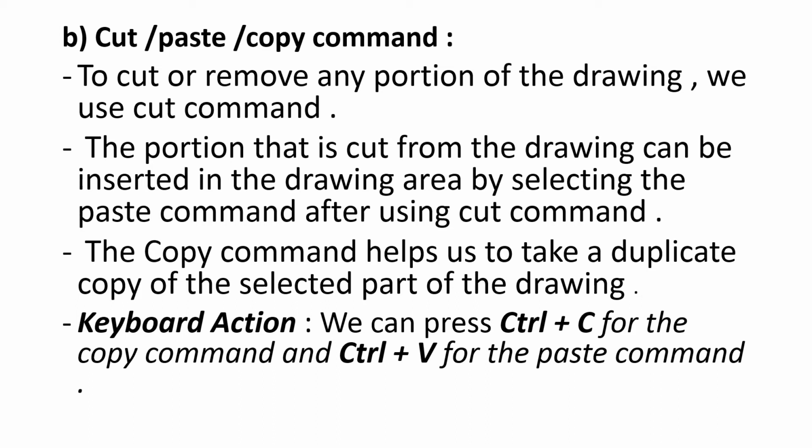The copy command helps us take a duplicate copy of the selected part of the drawing. Now we can perform these three actions, cut, copy, paste, using the keyboard also. There are some keyboard shortcuts that we need to remember. First is Ctrl+C for the copy command. Next is Ctrl+V for the paste command. These are very important keyboard shortcuts.